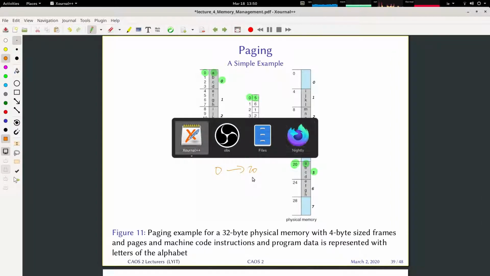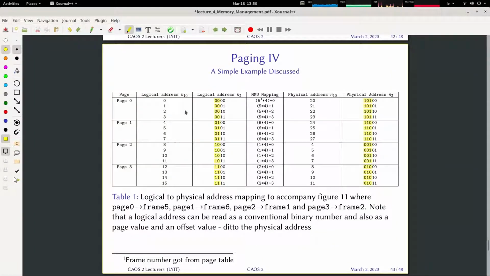If I hop back to our slideshow and go back to the table, you can see there is logical address 0 stored inside page 0, and its binary representation is 0000. That's equal to decimal 0, which is pretty straightforward. But it not only represents the integer 0, it also represents the page and the offset number.